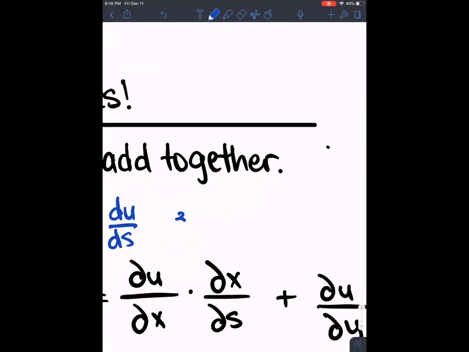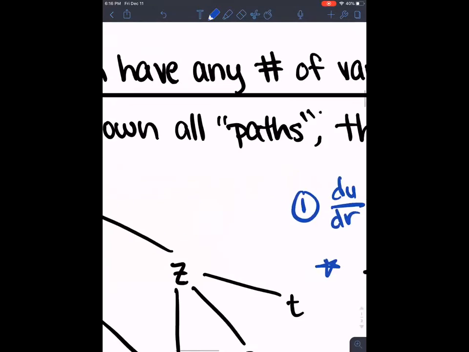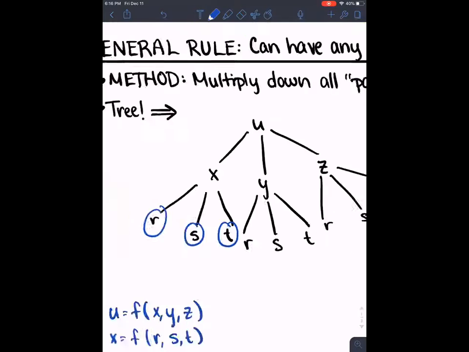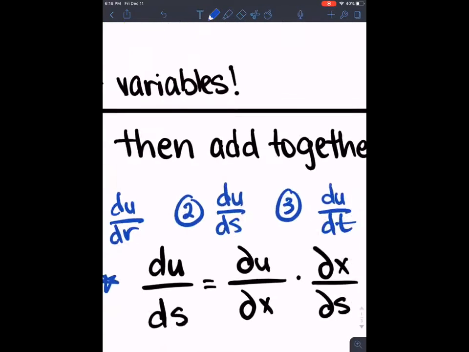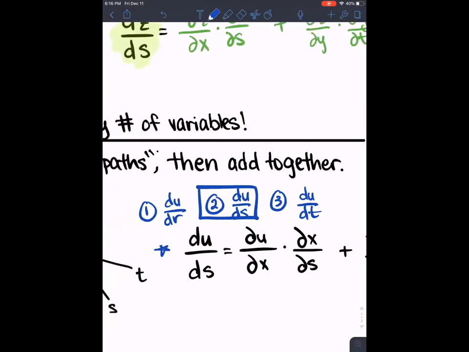And three, we can find du dt. And where am I getting these from? Well, at the very bottom of the chain, you have r, s, and t as your only three variables there. So you can find du's of each of these. I've decided to work through how we can find du ds here, and the other two I'm going to leave alone for the sake of time.